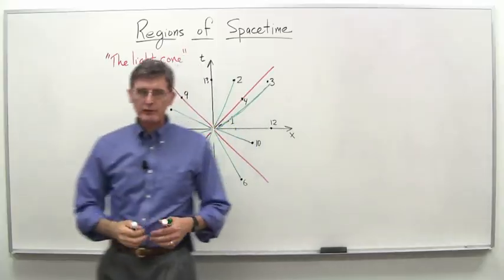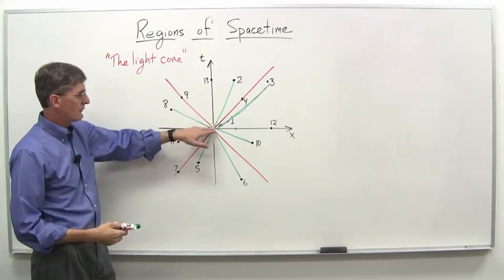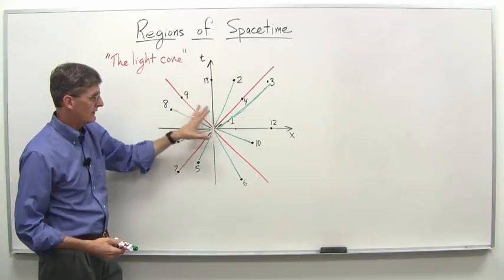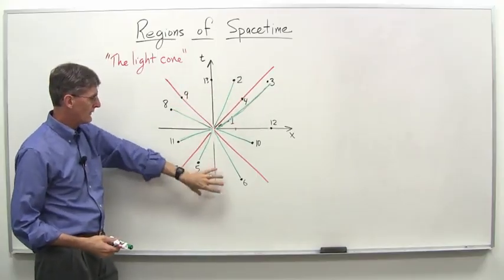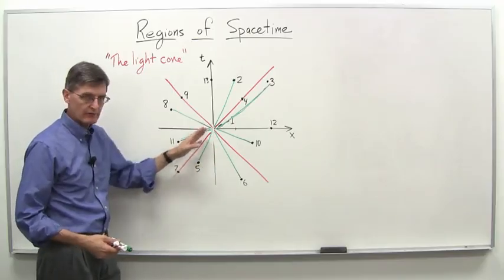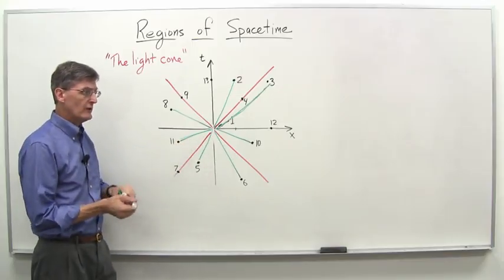Okay, so again, remember the questions are, I'm at point 1 here, and if I'm at point 1, can I influence something later on in time and at another point in space? Or if I'm in time before point 1, where I am, can I get a message there or travel there in time to influence something at point 1?